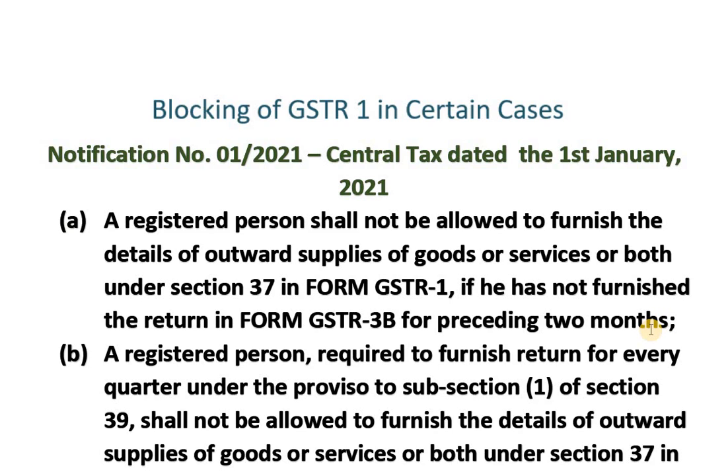Tax authorities can block the filing of Gstr 1 if he has not furnished the return in 3B for preceding 2 months. For the preceding 2 months, if they have not filed Gstr 3b, then Gstr 1 can be blocked. Clear?